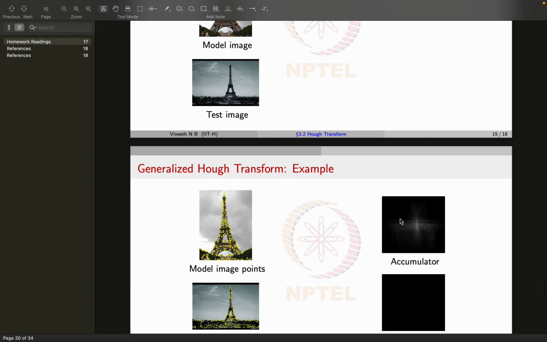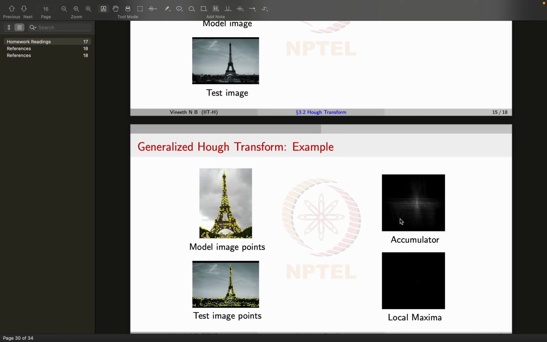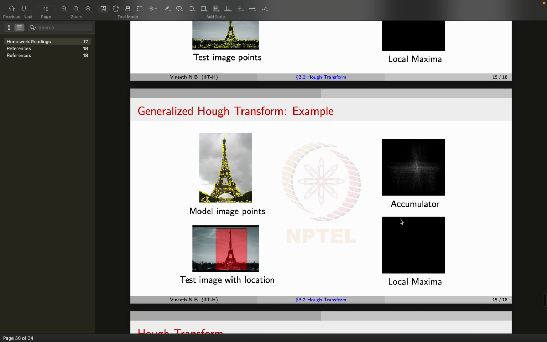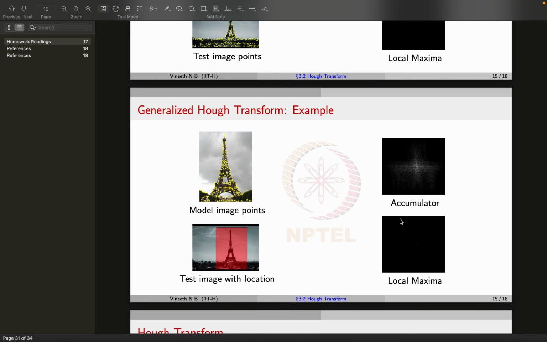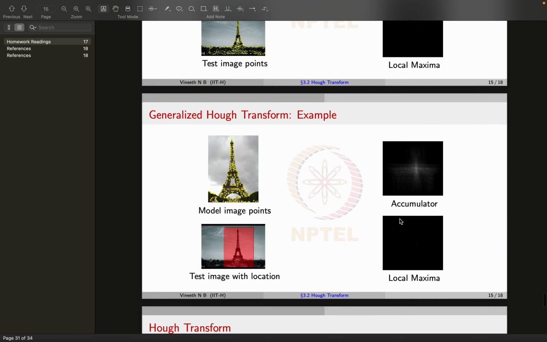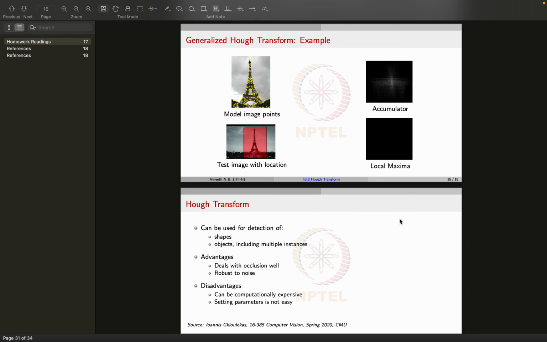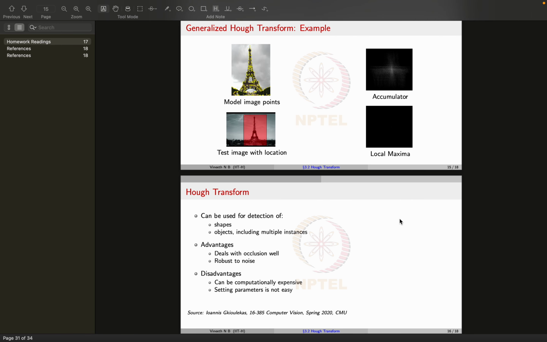Yeah, so this is what is called the generalized Hough transform. So when you know the exact shape, how a model would look, if you can somehow define it in a parametric form, then you can search for it in any image.